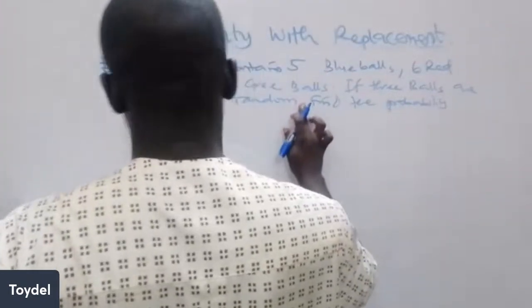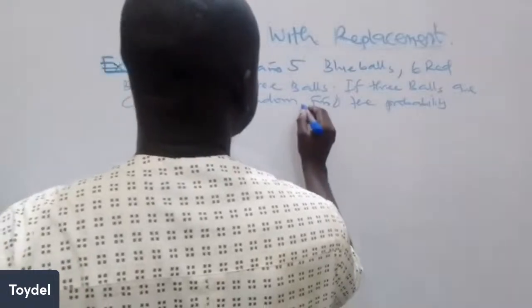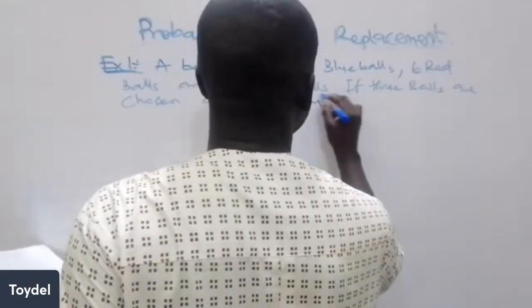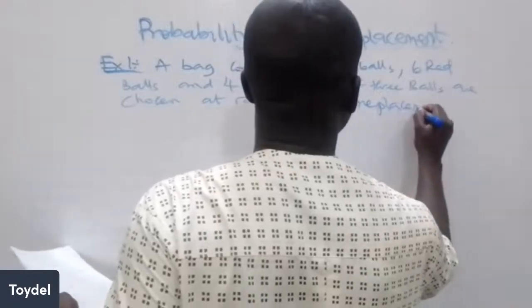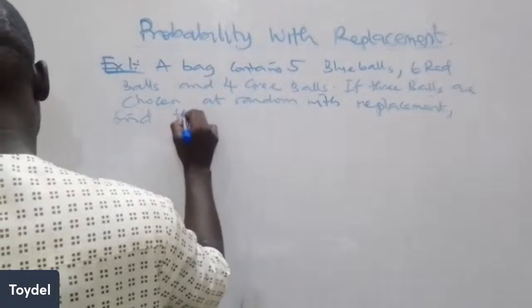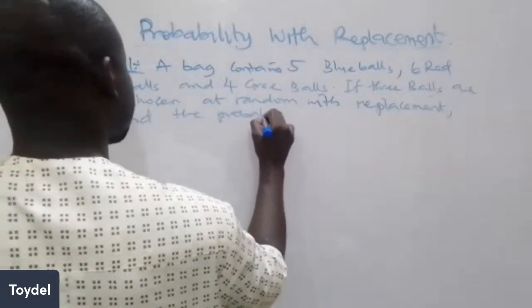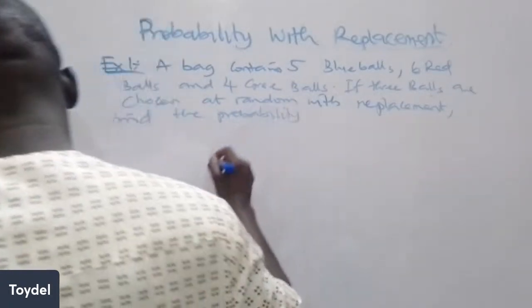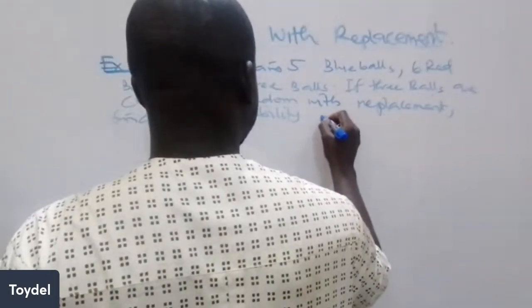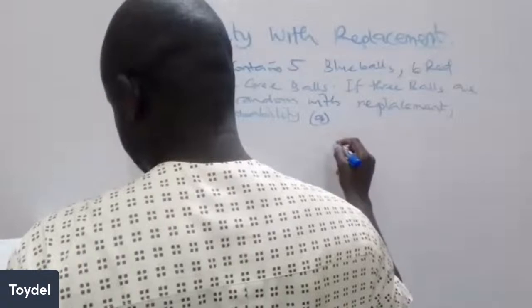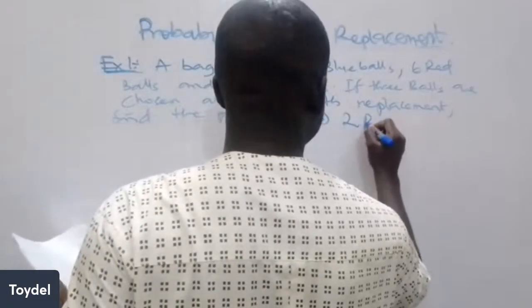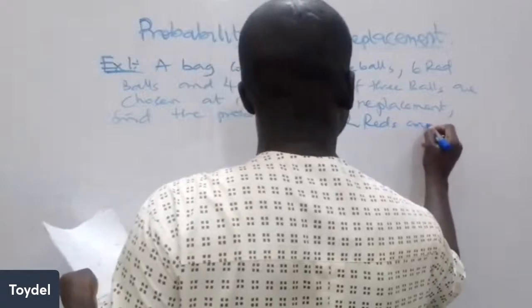If 3 balls are chosen at random with replacement, the question says that we should find the probability that, first, we have 2 red and 1 blue.